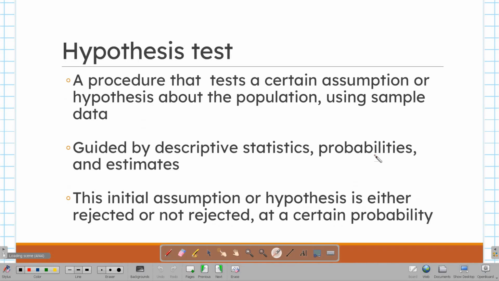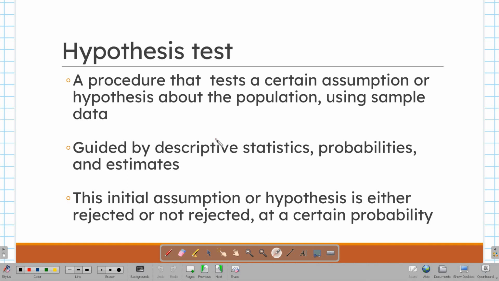So now, we're going to do a hypothesis test. This is actually one of the highlights of inferential statistics. This is a procedure that tests a certain assumption or hypothesis about the population using sample data, hence hypothesis test. We're going to test a hypothesis based on sample data, but the hypothesis is about the population.